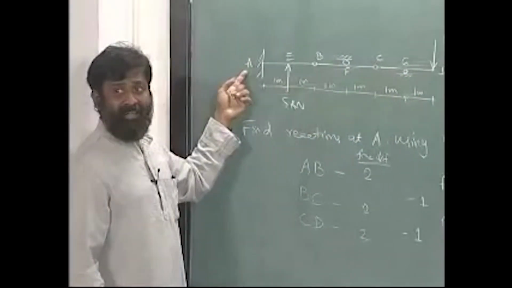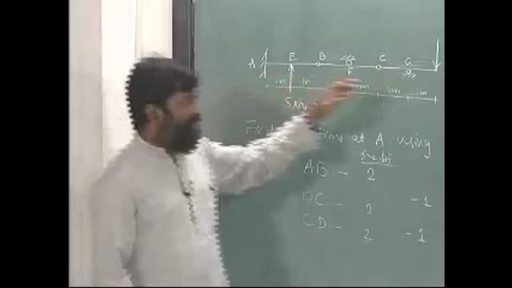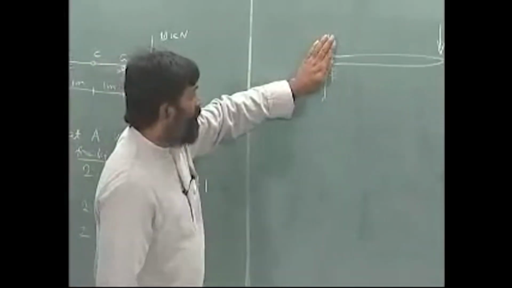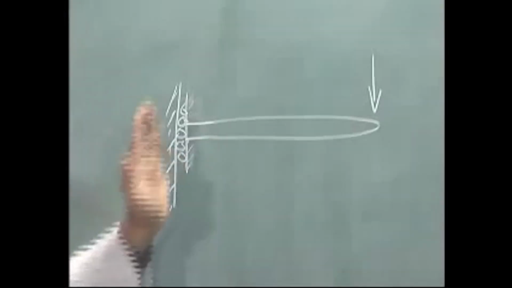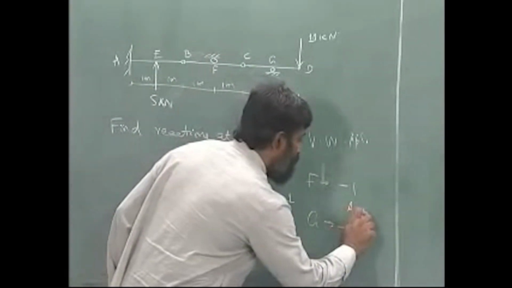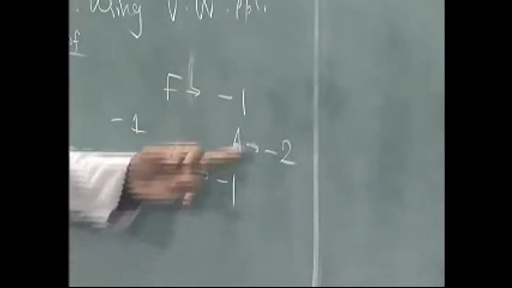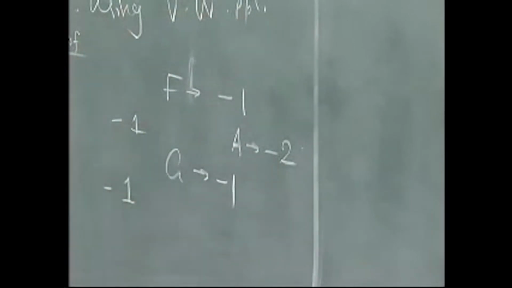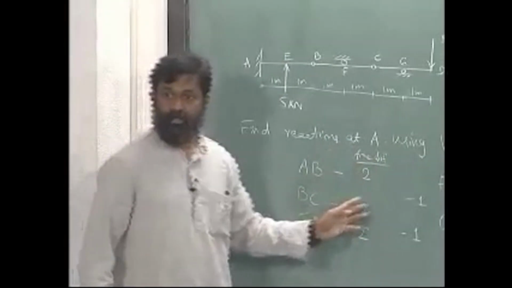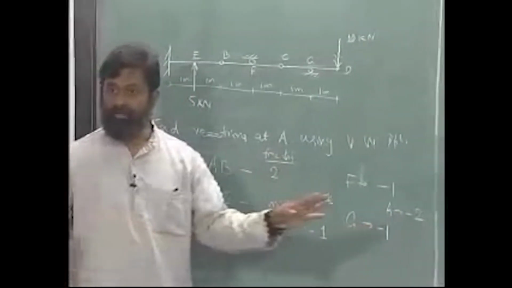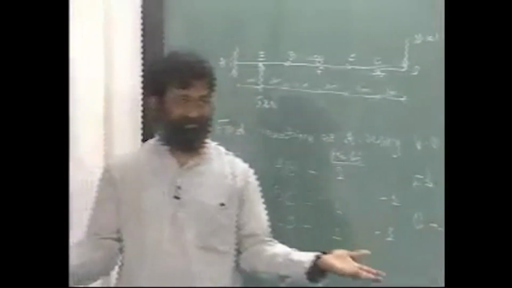How about A? A I have arrested like what we have done here, we have arrested both rotation and vertical displacement at A, which means A offers -2. So let us total them, -1, -1, -1, -1, -2, total is 6. I have 6 degrees of freedom, constraints are 6, which means I am not left with any degree of freedom.